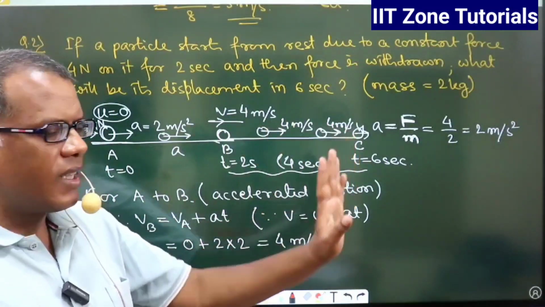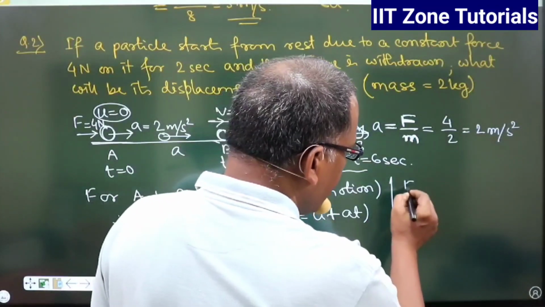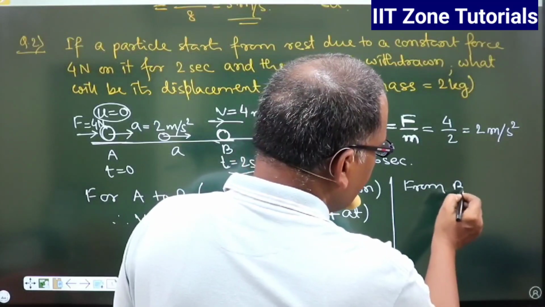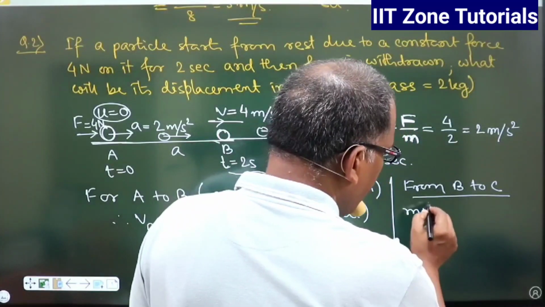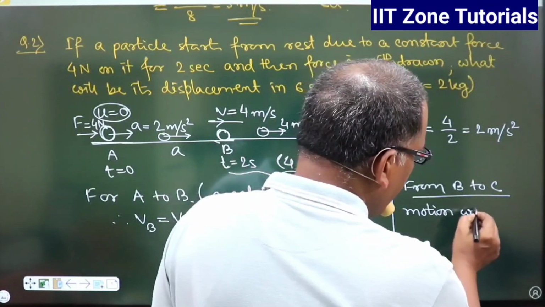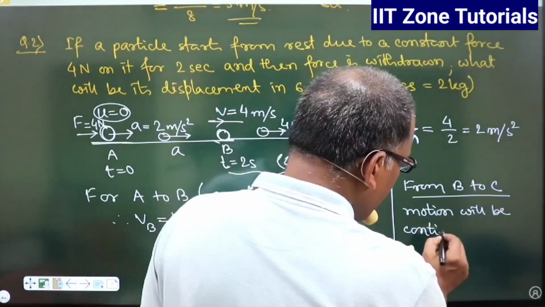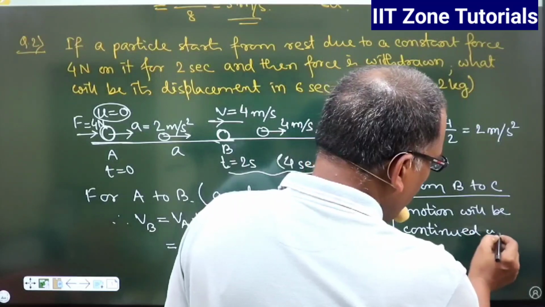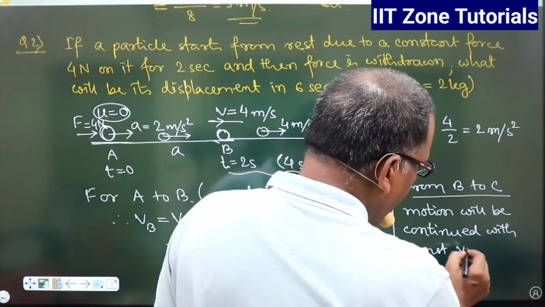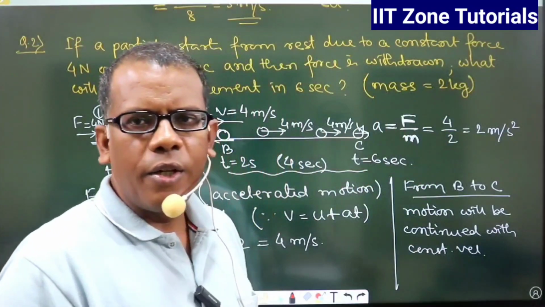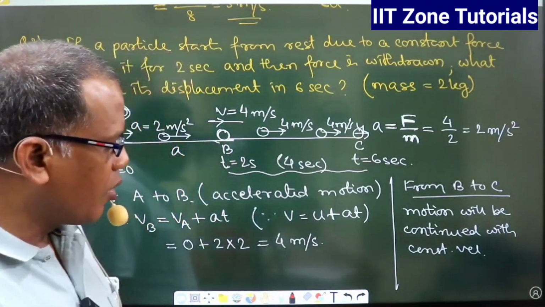As I have taken the discussion up to 6 seconds, from B to C the motion will be continued with constant velocity. This time the particle will continue the motion with constant velocity.